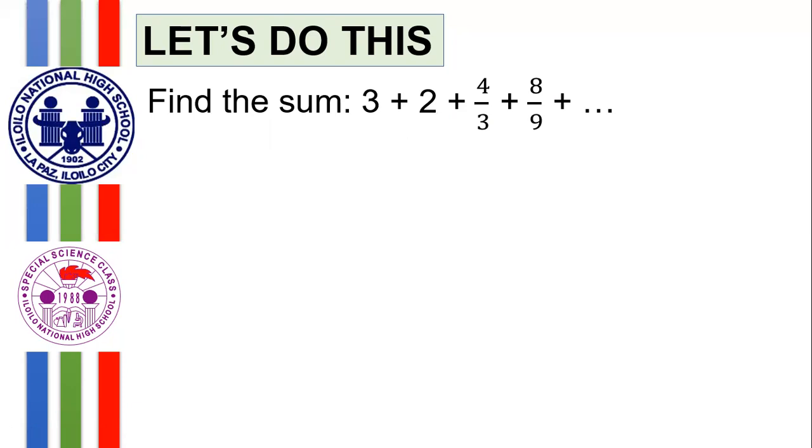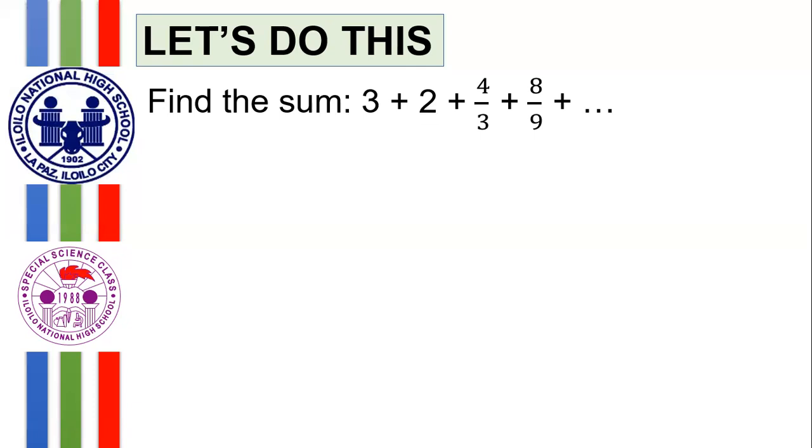Is this converging? Yes, because the absolute value of the common ratio 2/3 is between 0 and 1. Is this infinite? Yes, because you have a first term, but you don't have a last term. So again, this is indeed an infinite converging geometric series.